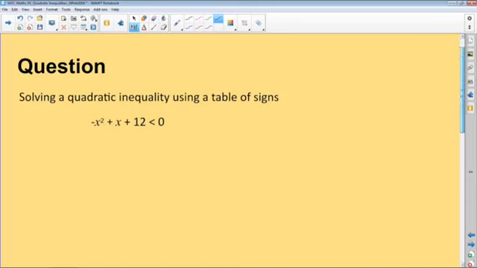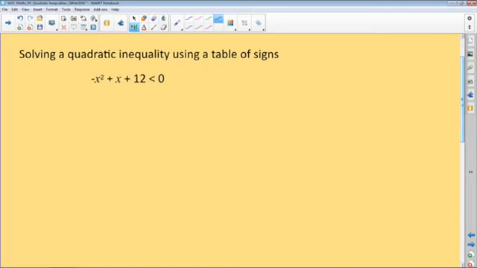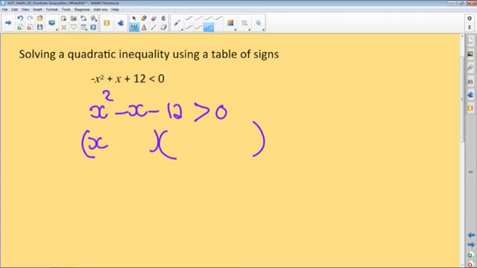I'm going to keep my unknowns positive, so I'll multiply by a negative. Then I get x squared minus x minus 12. What happens to the inequality sign? It changes. Then from there I factorize, and you get x minus 4 times x plus 3 is greater than 0.